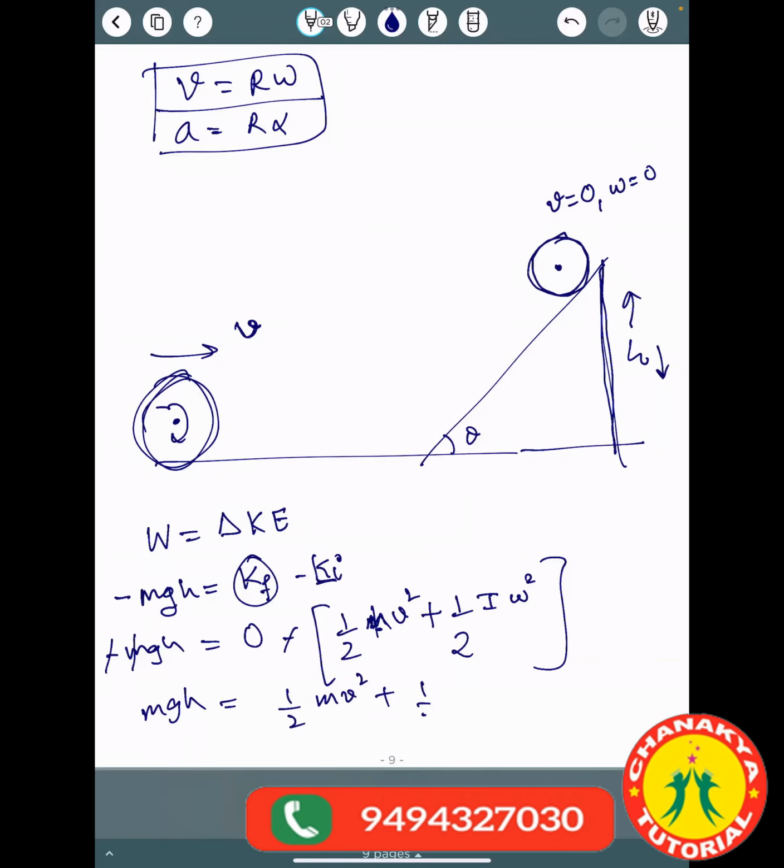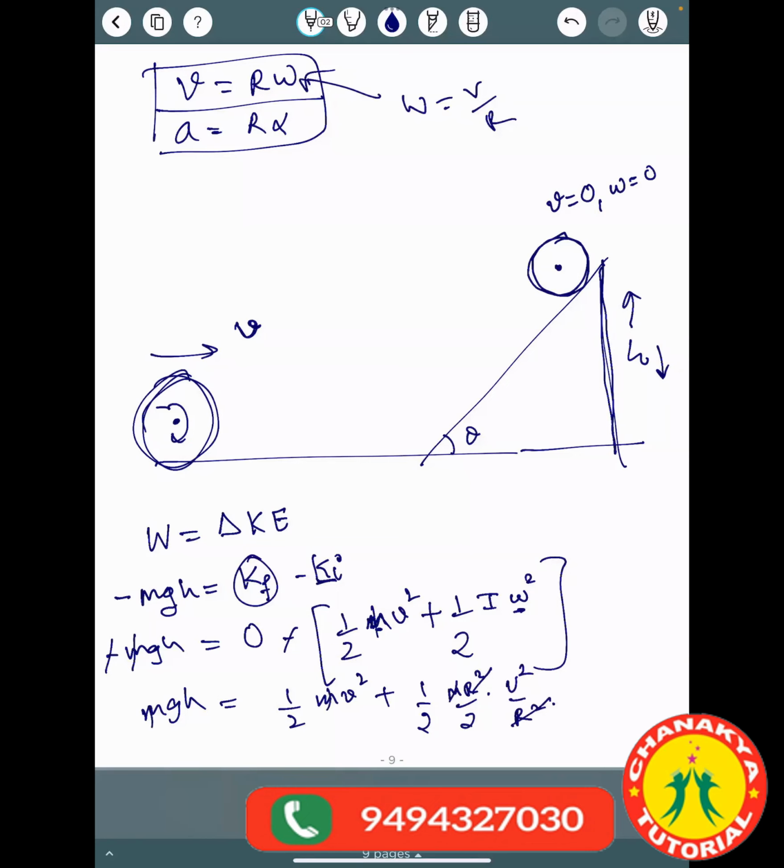here half for a disk. What is the moment of inertia? I told you, mr square by 2, correct? And omega can be written as, from here, can you tell me what will be omega? V by R. So let us write it: v square by R square. R square got cancelled. m got cancelled out.